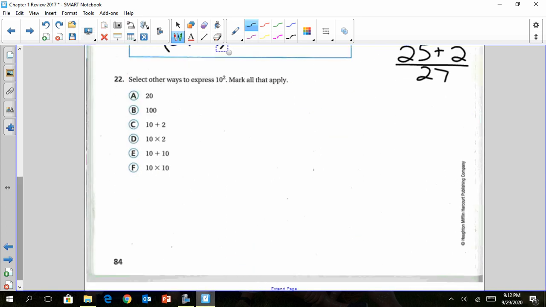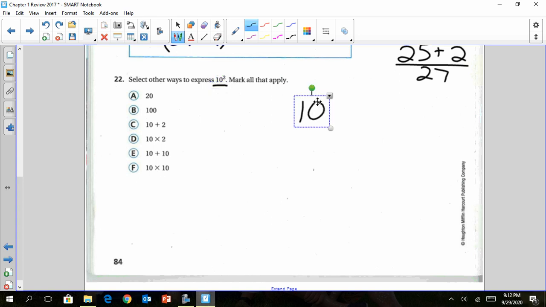Question number 22, last question here. We're talking powers of 10. So select other ways to represent or to express 10 to the second power. Now remember, exponents. Exponents tell us how many times we're going to multiply the big number, the base.